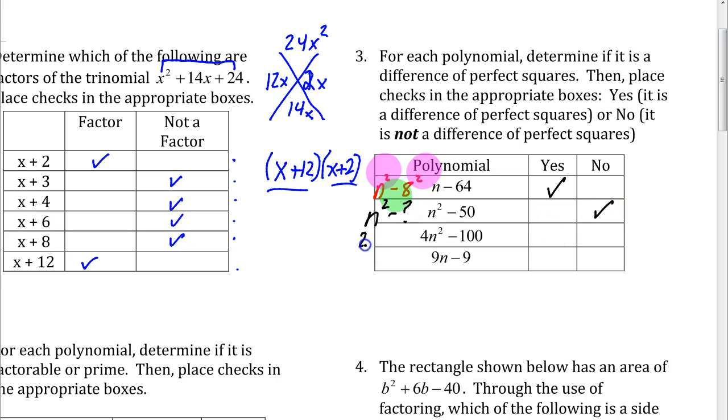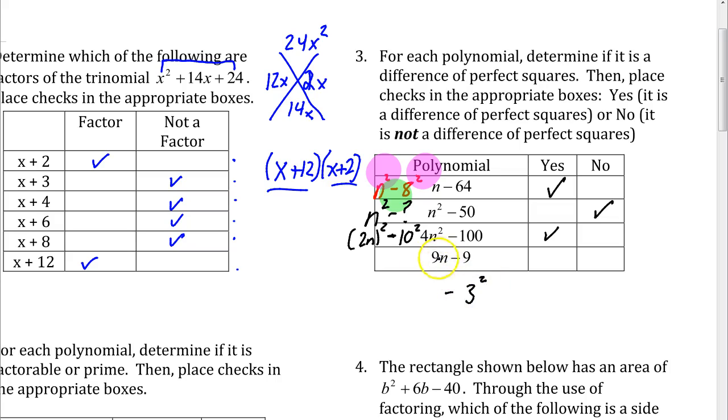Here I have 2n to the second power. That's what 4n to the second is. And 100 is 10 squared. So this is a difference, subtraction, of 2 squares. So that's going to be yes. And lastly here, this is very close, but we have minus 3 squared.